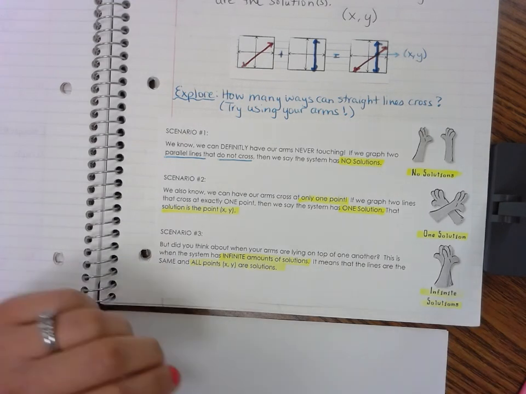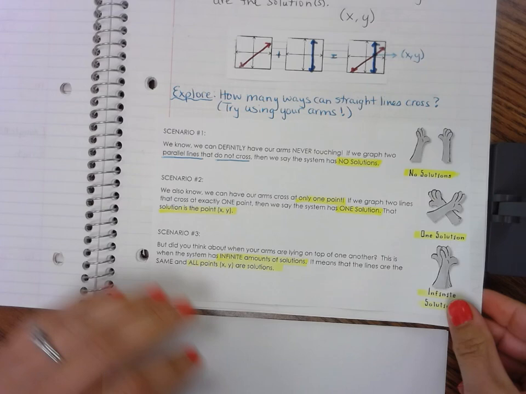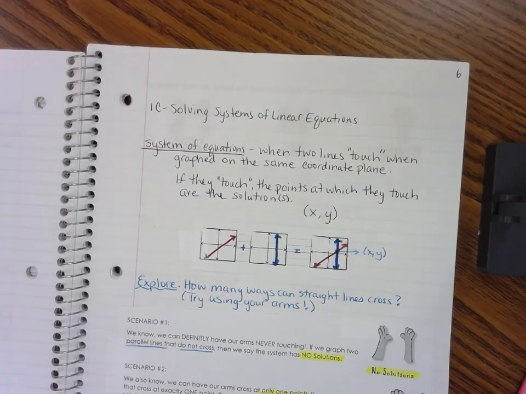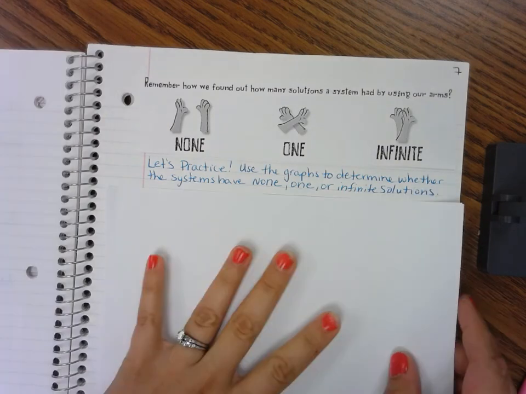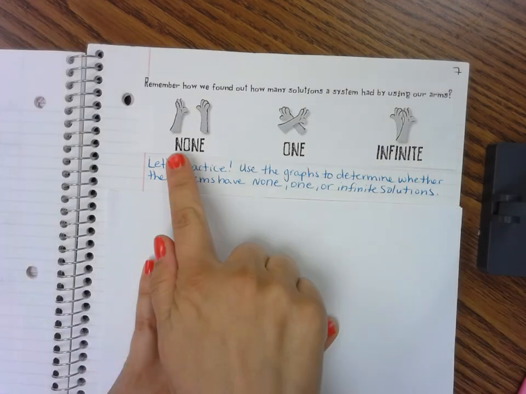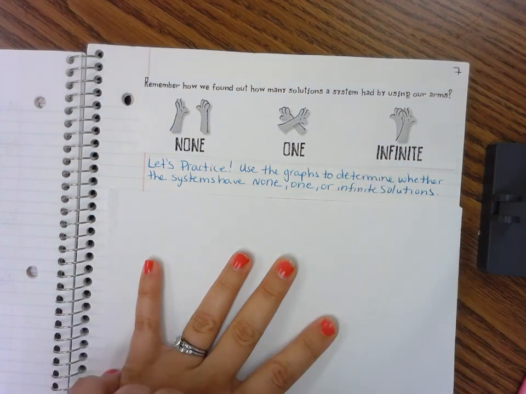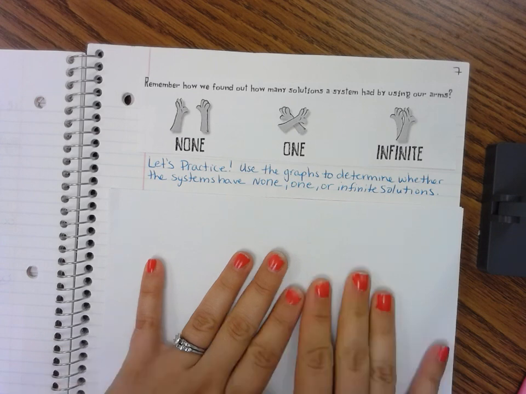Okay, now we're going to go ahead and we're going to do some practice. At the top of your paper, I have printed this for you, so go ahead and glue that in. And then we're going to use the graphs to determine the systems, whether they have none, one, or infinitely many solutions.